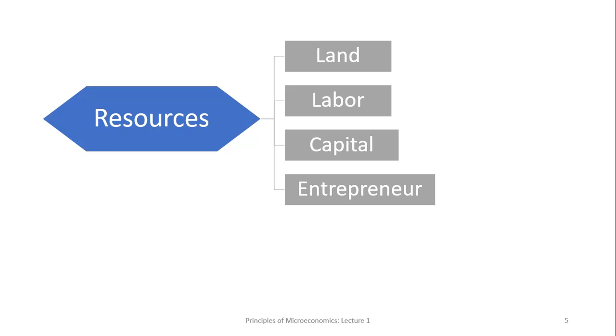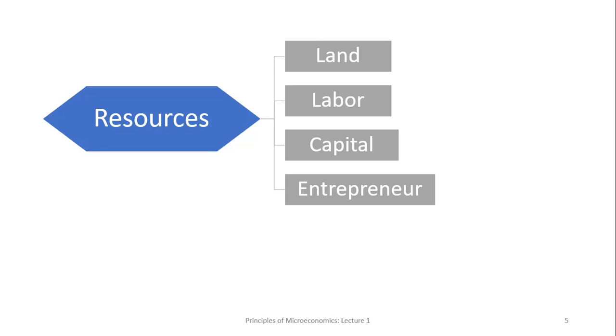For example, if you own a furniture house and you produce different kinds of tables, chairs, sofa sets, etc., then the wood cutting machine, the hammer, and the other things that you need to produce tables and chairs are all capital. The capital is always man-made.